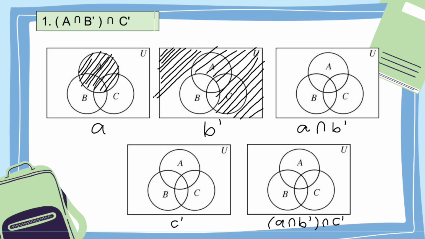And now we can get the intersection of A and B prime.